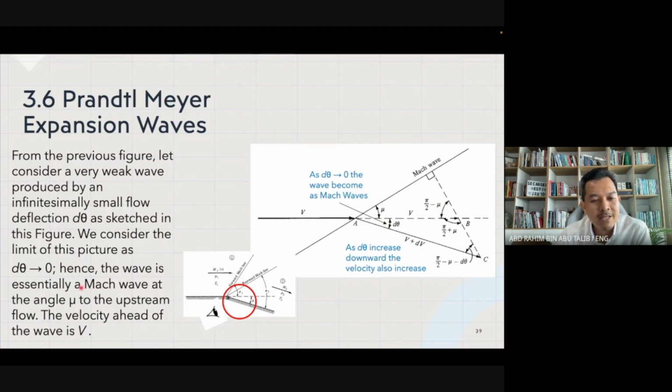Hence the wave is essentially a Mach wave at the angle of mu, right? Because it is nearly 0, we want to consider a very small change. So we just consider a Mach wave at the angle of mu to the upstream flow, and the velocity ahead of the wave is given as V over there.